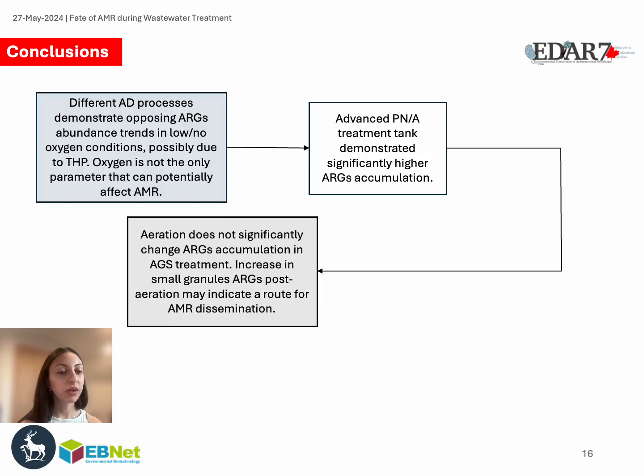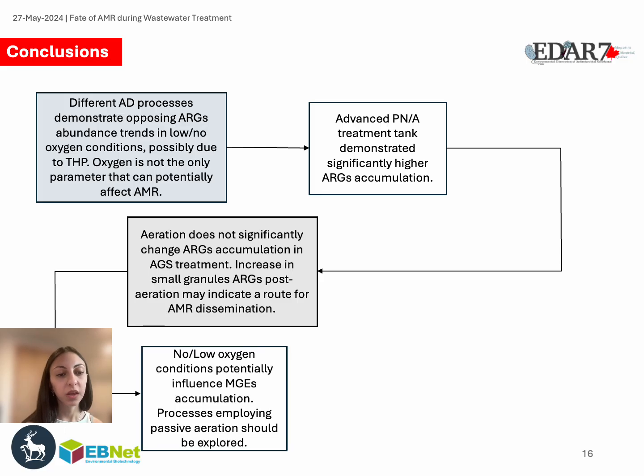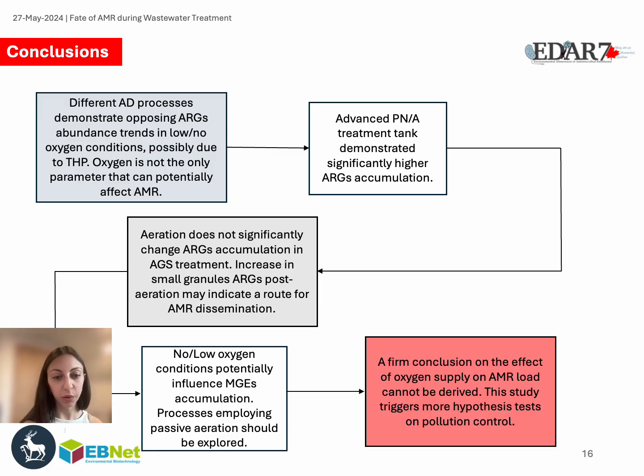Aeration does not significantly change antibiotic resistance genes accumulation in the aerobic granular sludge treatment, and the increase in small granules post-aeration may indicate a route for AMR dissemination. No or low oxygen conditions potentially influence mobile genetic elements accumulation, so processes employing passive aeration should be explored.